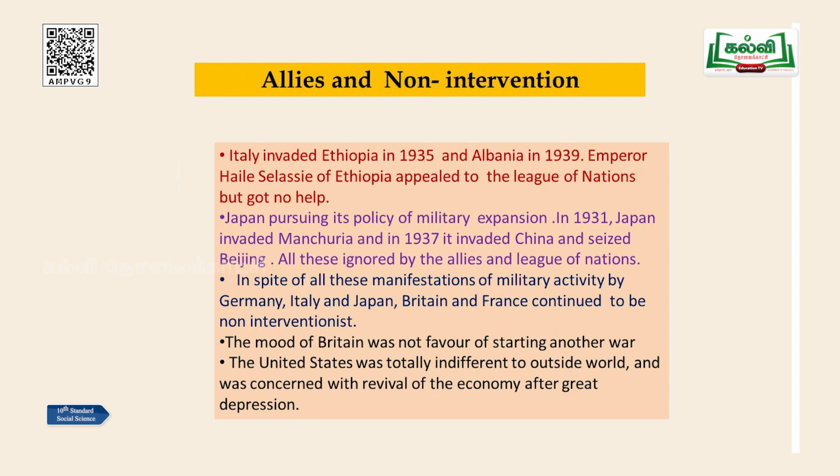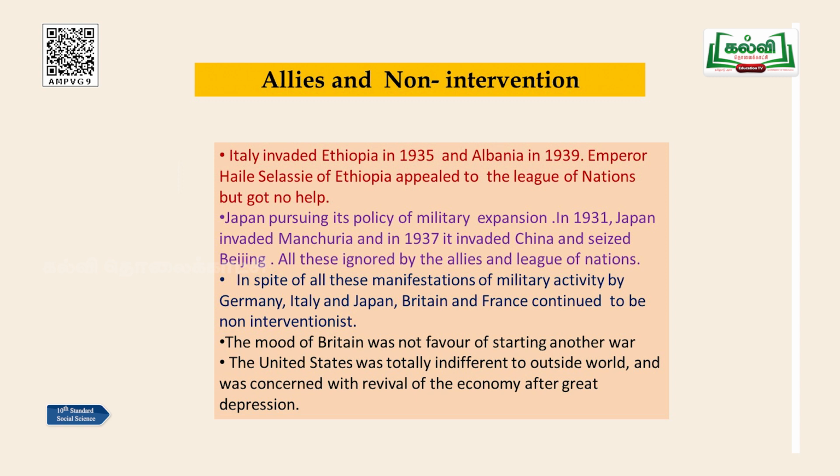Then the last topic we are going to see: the causes, allies and non-intervention. Already we have seen the word isolation. It's similar here. Italy invaded Ethiopia in the year 1935 and Albania in the year 1939.